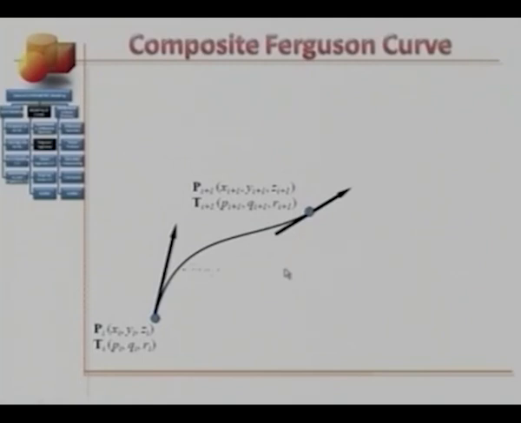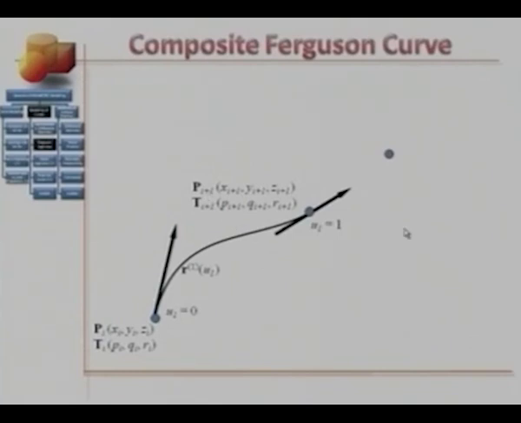If a designer chooses to represent this segment by r super 1, this number here denotes that this is the first segment, and this variable u1 represents the parameter only for this segment and no other segment. u1 equals 0 at point pi, and u1 equals 1 at point pi plus 1.